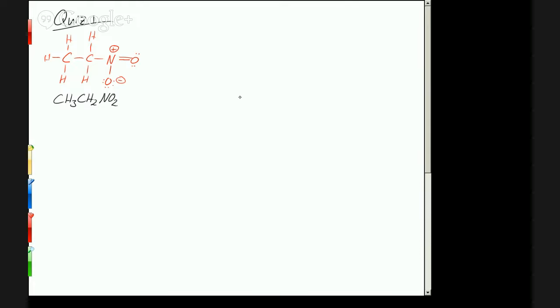Okay, going on to a nitrile, which was one that we looked at. Also, same idea here. We start with this, and then when we add our additional electrons, we can go, no, wait, that's not right.